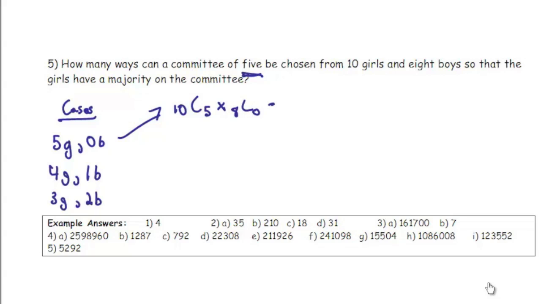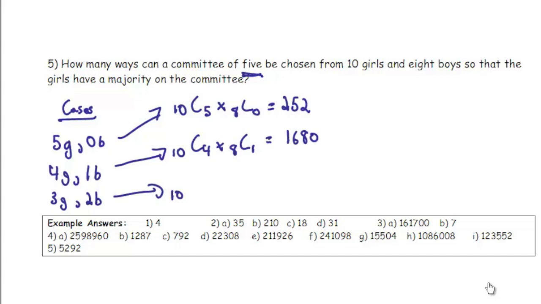So that's it. That's all there is to it. And from there, we simply need to do the selecting. So we have 10 girls to choose from, and we are going to choose 5 of them. And that's going to be multiplied the 8 boys to choose from, but we ain't taking any of those. And we end up with 252 of those.